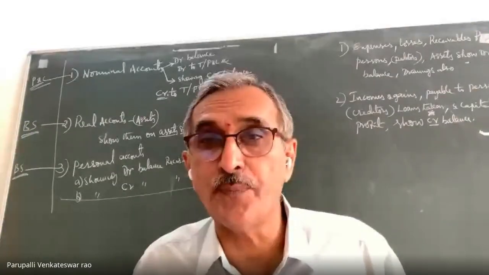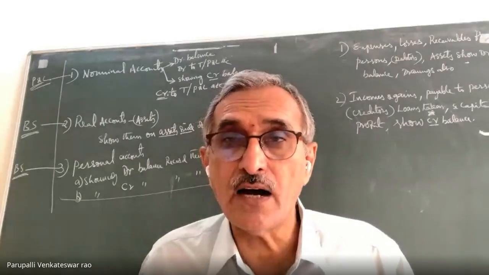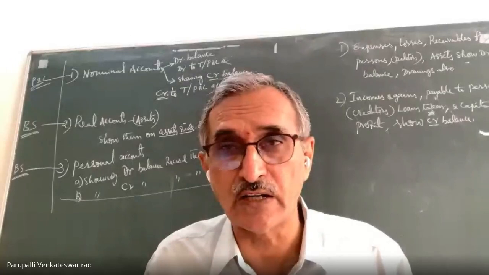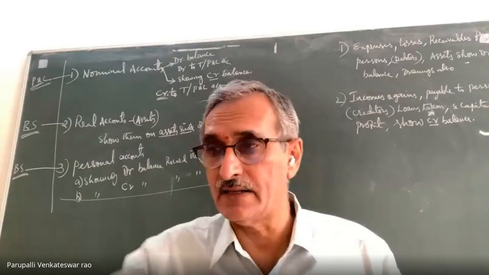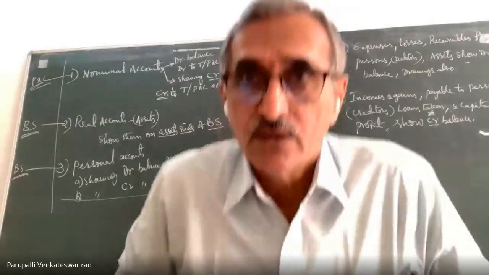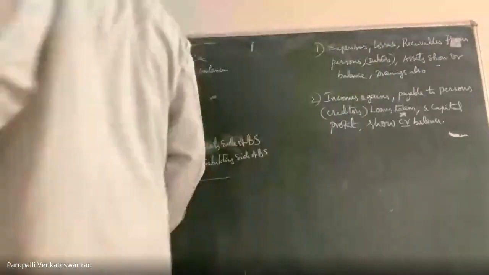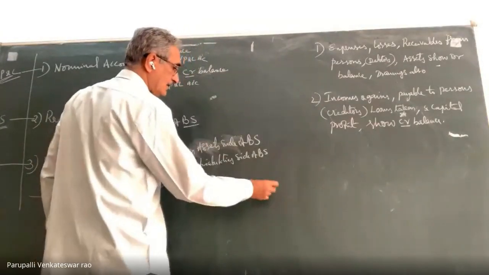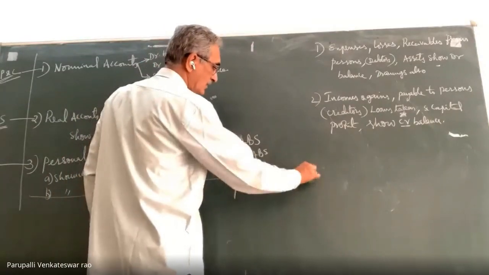First one is opening stock. Opening stock means stock on first day of the business. 365 days we work now. Suppose you are preparing financial statements for the financial year 2020-21.